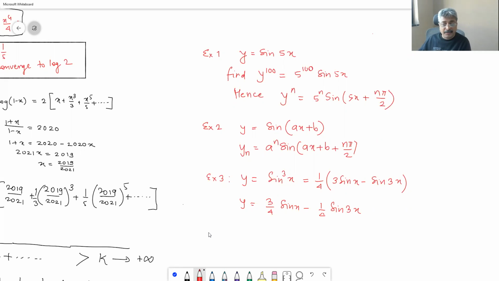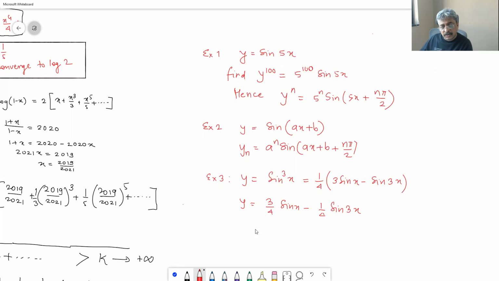Therefore, we should be able to find out the derivatives. This is an individual function, this is an individual function, and they will keep behaving as individual functions, doesn't matter whether you are differentiating them or not. So, we know how to go about it.